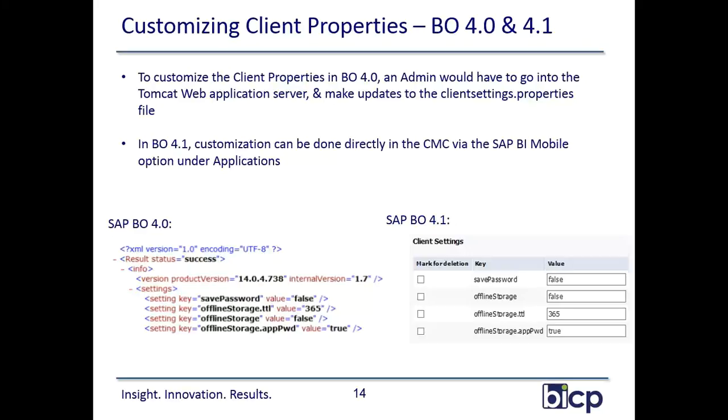Then in 4.1, SAP has made life a little easier for the admin. They put these settings underneath the applications portion of the CMC. If you simply right-click on the mobile reporting application, you can find these client settings there and make any customizations you see fit. So those are the client properties that I wanted to talk about.